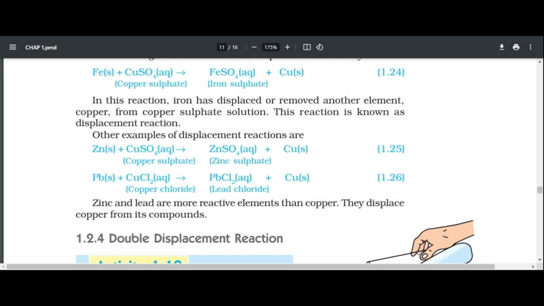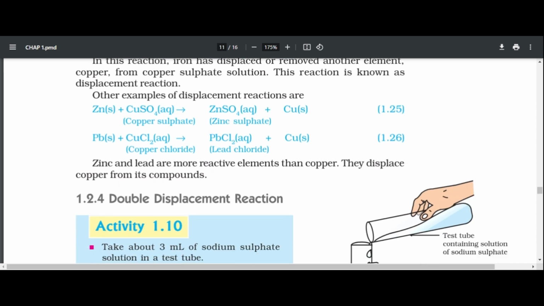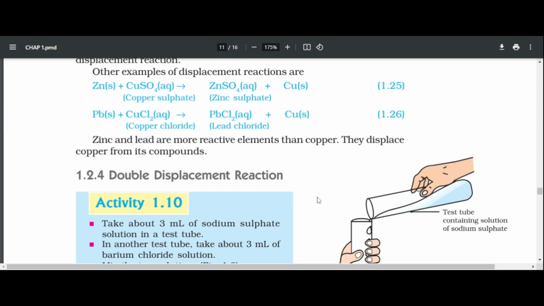Other examples of displacement reactions are Zn(s) plus CuSO4(aq), copper sulfate, gives ZnSO4(aq), zinc sulfate, plus Cu(s). Pb(s) plus CuCl2(aq), copper chloride, gives PbCl2(aq), lead chloride, plus Cu(s). Zinc and lead are more reactive elements than copper. They displace copper from its compounds.